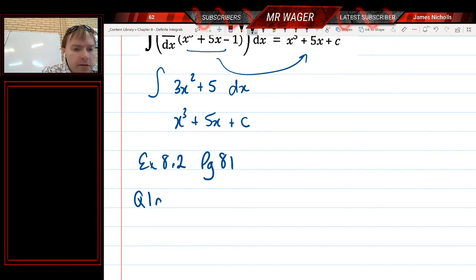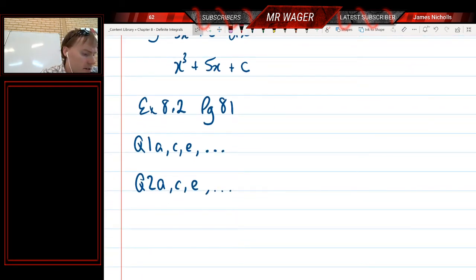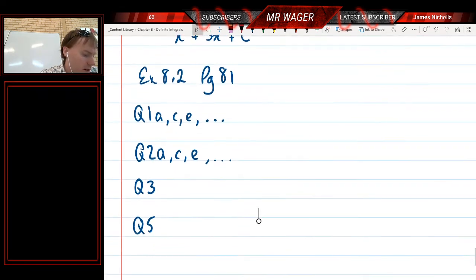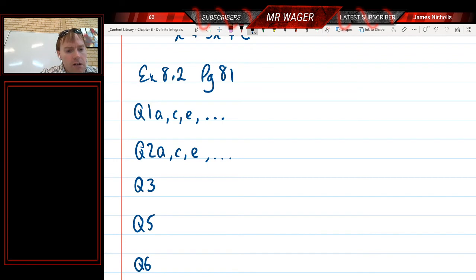So maybe do every second one in question 1, all the way to there, and then question 2, same thing, A, C, E, and then question 3, it's a good one, and then maybe question 5, and question 6 is a good one to look at as well.